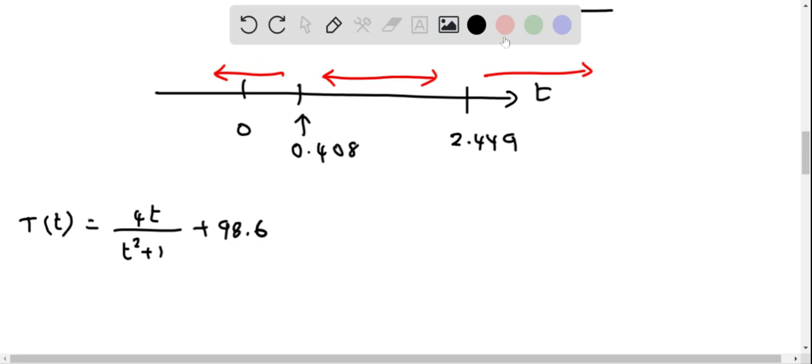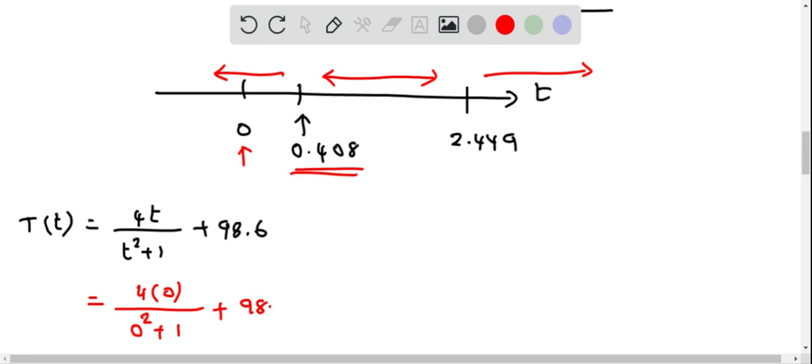Now if we consider the interval of values less than 0.408, we can consider one of the values as 0, and we plug this into this temperature function. So this becomes 4 times 0 divided by 0 squared plus 1 plus 98.6.